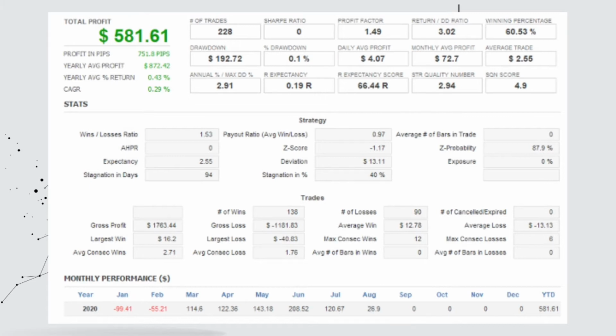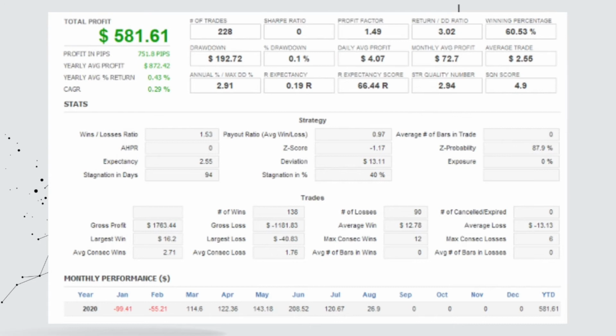What this does is combine the strategy test reports from multiple sources to form this table. And as you can see from the table, starting with a $1,000 account, it's generated a total profit of $581.61.